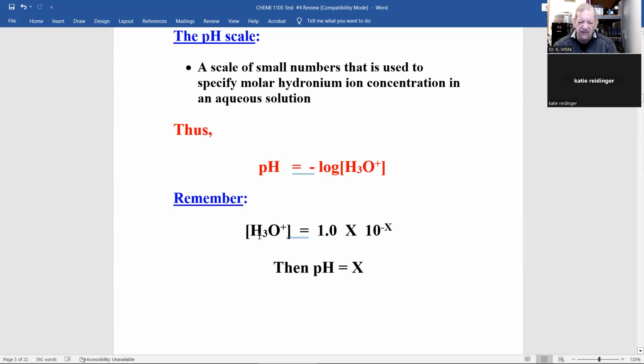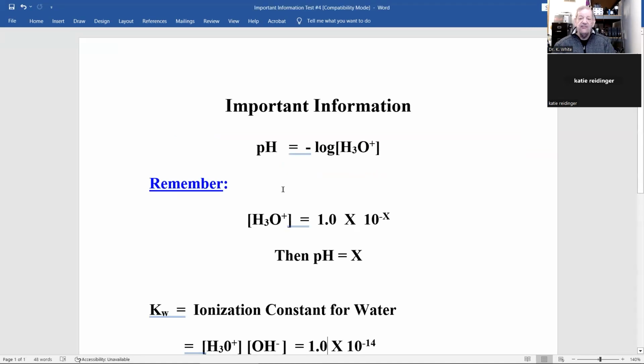If the H3O plus concentration is 1.0 times 10 to the minus x, then the pH of that solution is x. Let me point out important information for test number 4. I'll give you that, and I'll also say, remember, the hydronium ion concentration is 1.0 times 10 to the minus x. The pH is x.